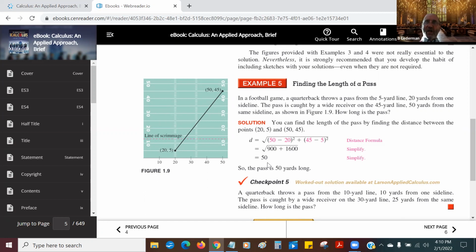YAC, yards after catch, because sometimes the receiver catches the ball and gets tackled right away, and sometimes the receiver catches it and is able to run further with it. But right now, in terms of just from where he caught it, the ball traveled 50 yards in the air.